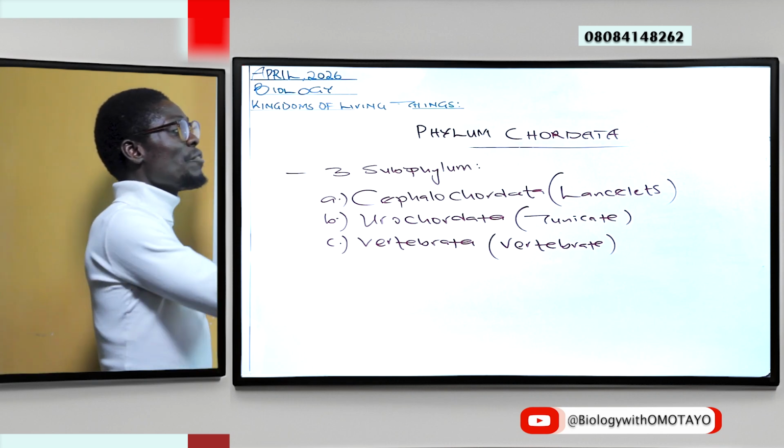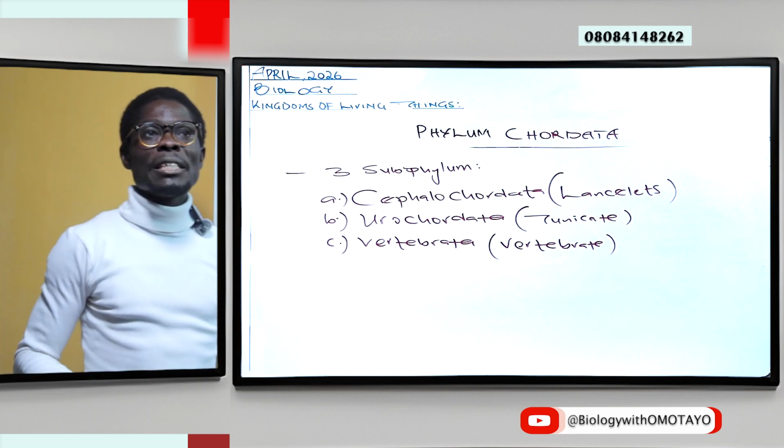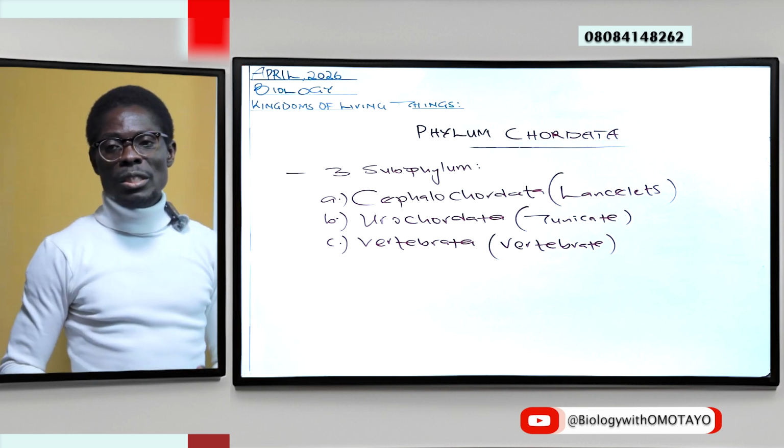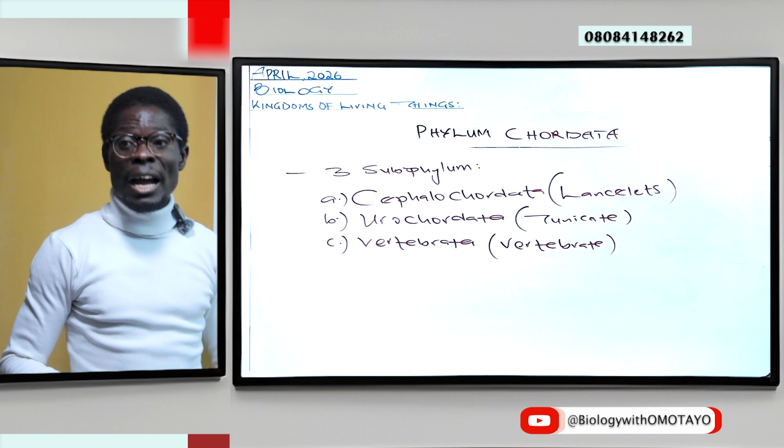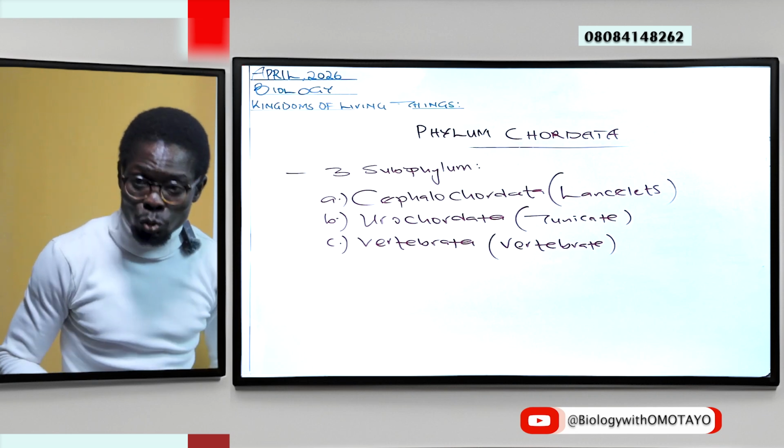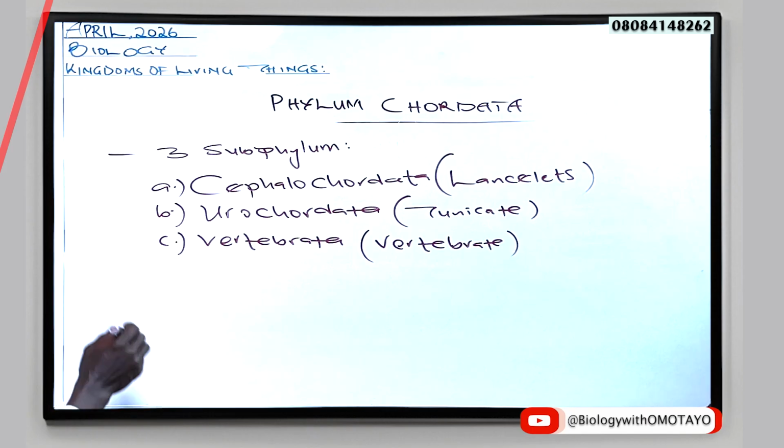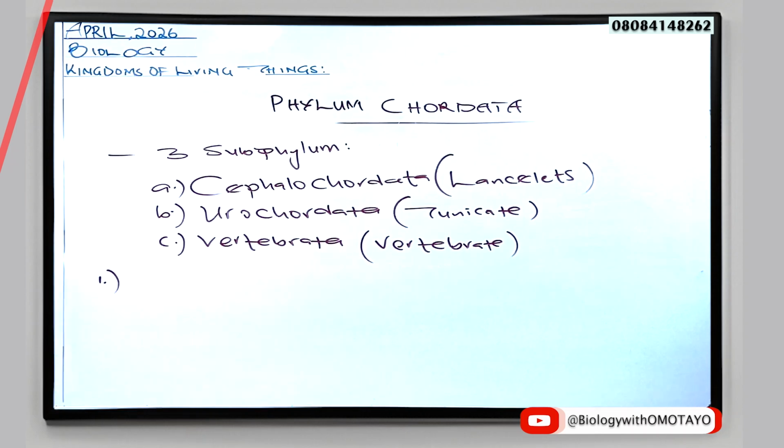Now, this very Vertebrata can be split into two: we have the division Agnatha, and then we have the division Gnathostomata.